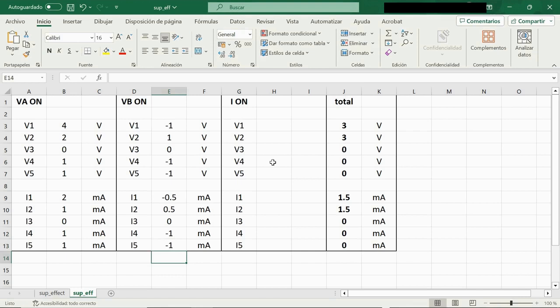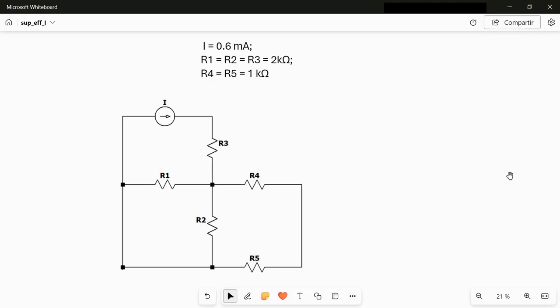Let's go now to the third case, in which we turn on the current source I and we turn off the other two voltage sources. So in this case, we can draw our equivalent circuit like this. We have the current source I, and then we find R3, which then splits into three branches.